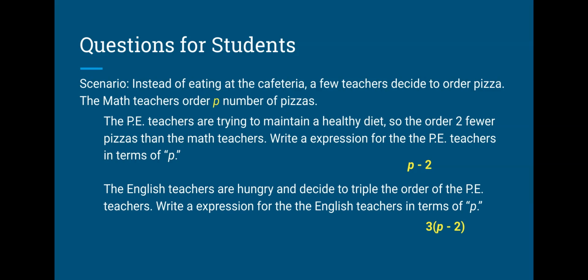We're going to say 3 times whatever the PE teachers had. And we don't have to simplify it because this absolutely shows tripling the PE teacher's order. And it is enough to be there because now students are building expressions and they're using coefficients and constants to explain what their expression means.